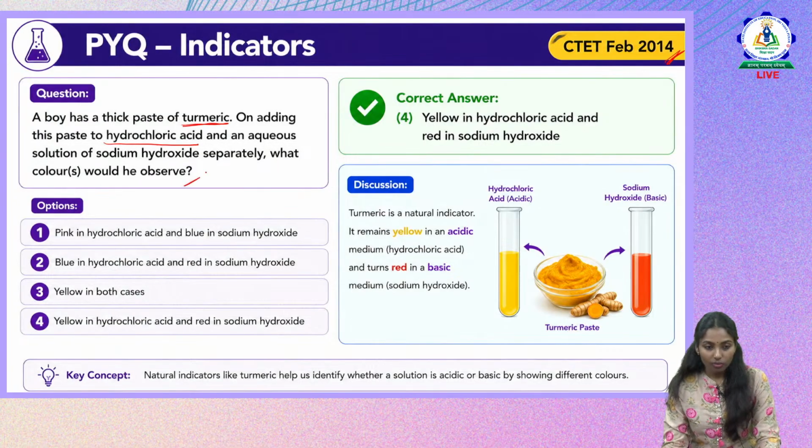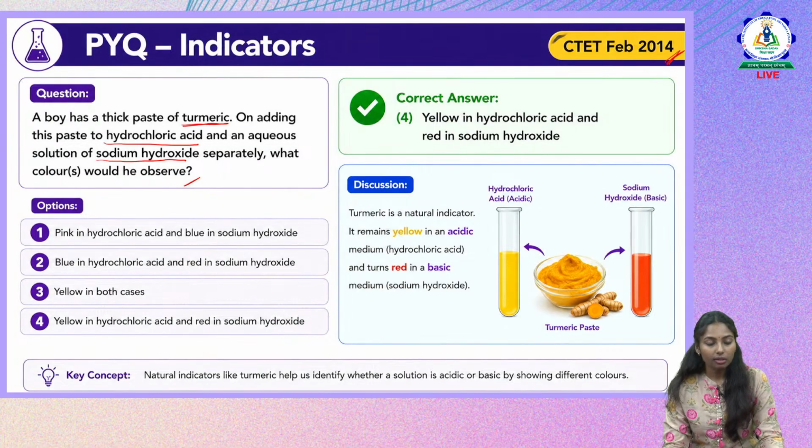Okay, so we have seen the question. They have talked about the indicator turmeric on adding hydrochloric acid. It's an acid. Turmeric is an indicator that turns yellow in case of acidic medium, and in case of basic medium, this is a base. Sodium hydroxide is a base. So it turns into reddish brown in case of basic medium. So we have 4 options here.